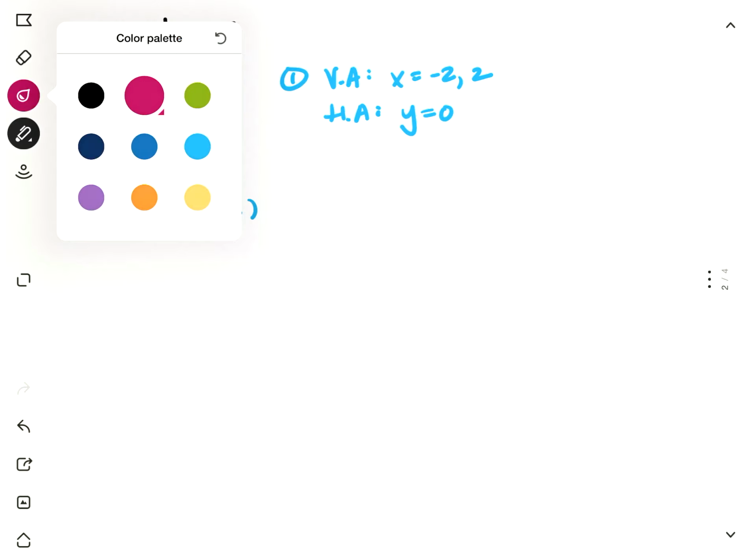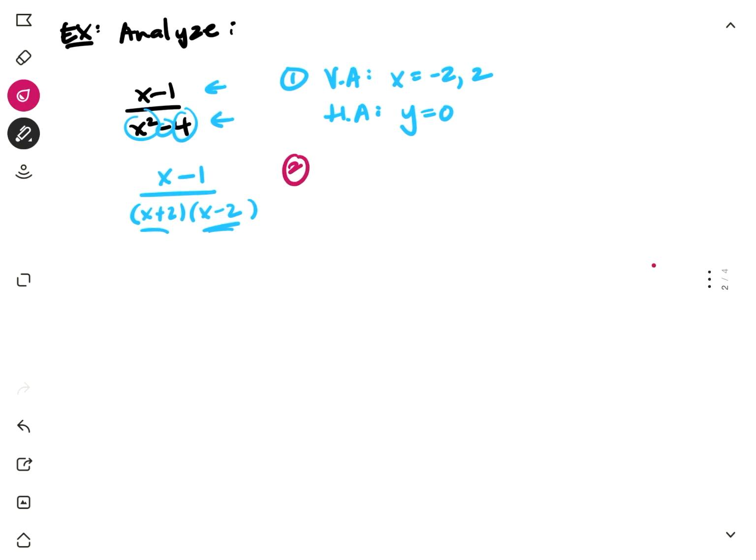Let's change colors here. Step 2 from the previous one is we're going to find all our intercepts. So let's do that. I should say y equals 0, so we're going to set it equal to 0 and then solve.